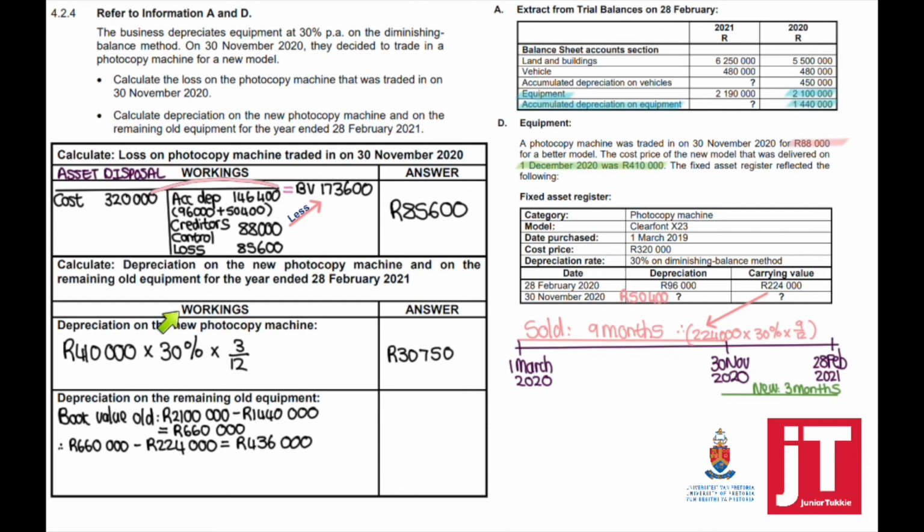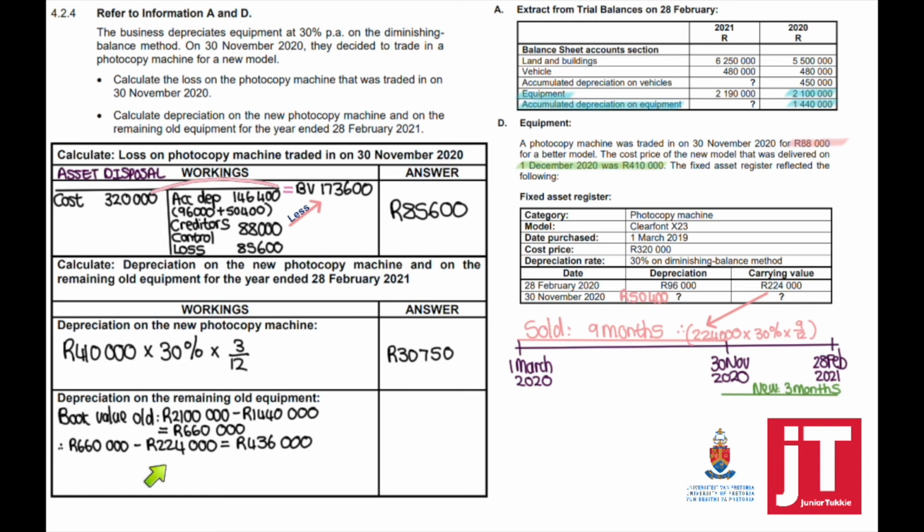So my book value is 660,000. Included in that total is the asset which we've disposed of, and we've already calculated the depreciation on that. We only had it for 9 months, and on the old it's always equivalent to 12 months.